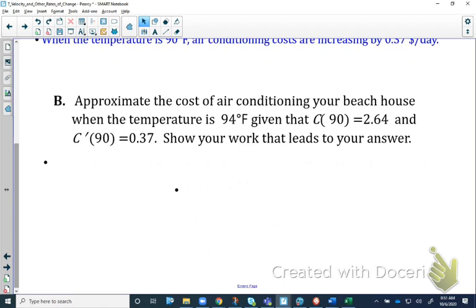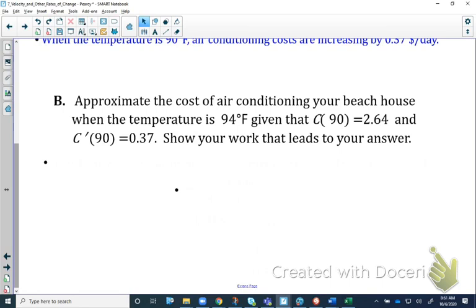I probably wouldn't think of it in terms of a beach house because you may not be using your beach house every day, but think about how hot it is here in South Texas during the summer when we're dealing with triple digit temperatures and heat indexes of like 110, 113. Those air conditioning costs are going to skyrocket at that point.